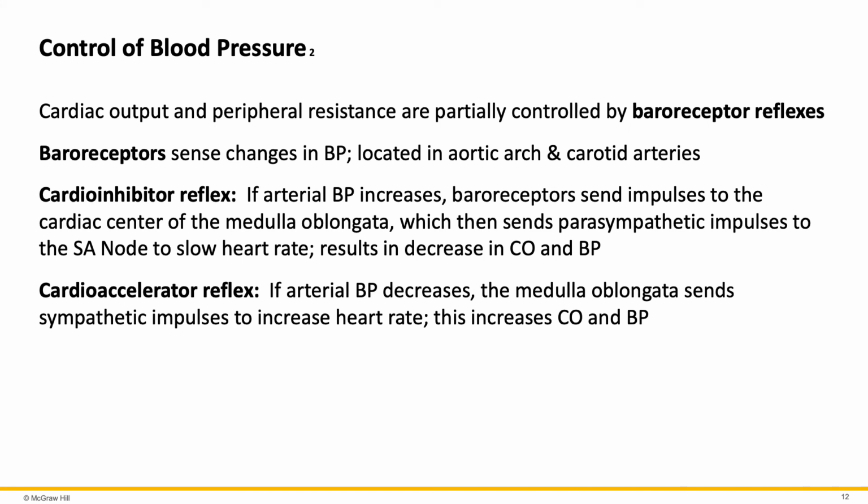In different parts of the cardiovascular system, and specifically in the aorta and in the carotid artery, there are receptors which sense any change in blood pressure. Those receptors are called baroreceptors. Whenever there is a change, baroreceptors will sense that change and send the information to the cardiovascular center in the medulla oblongata, which is part of the brain.